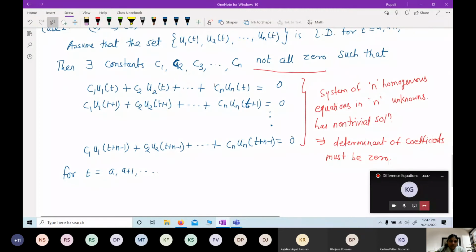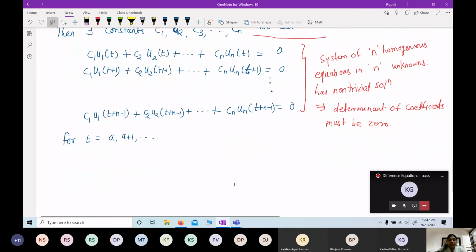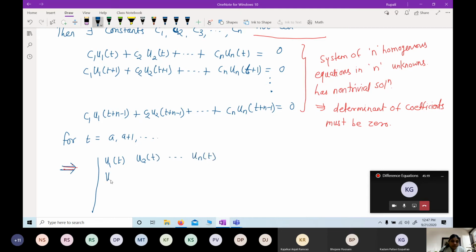The rows are u1(t), u2(t), ..., un(t); then u1(t+1), u2(t+1), ..., un(t+1); and so on, up to the last row u1(t+n-1), u2(t+n-1), ..., un(t+n-1). This must be equal to 0.